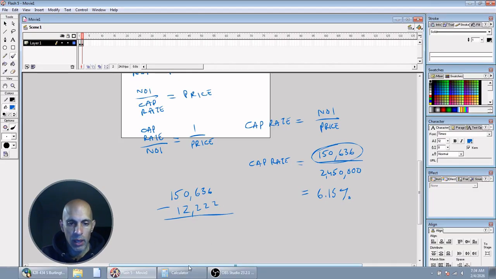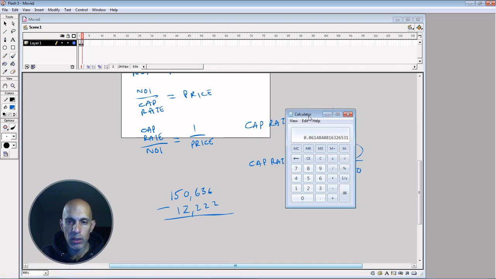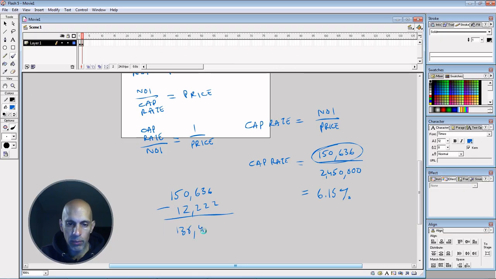Because we're not going to count other income, even though it's coming from washing machines and laundry machines that the building owns most likely. We're still just not going to count that because we have to be conservative in valuing this. Machines break. $138,414. So this is our NOI.